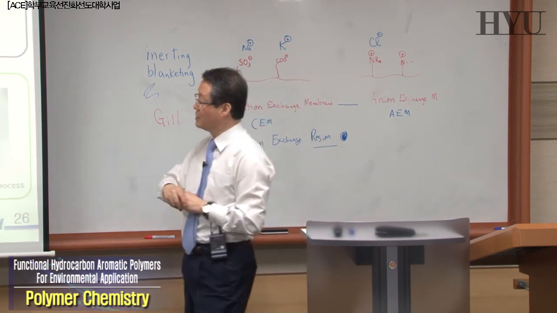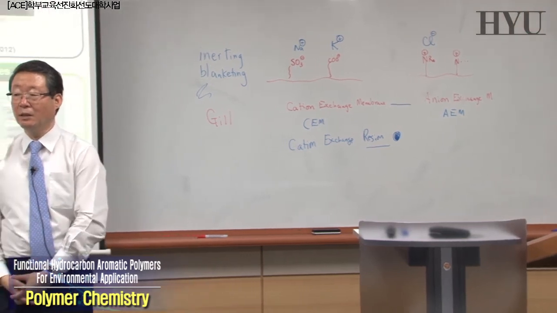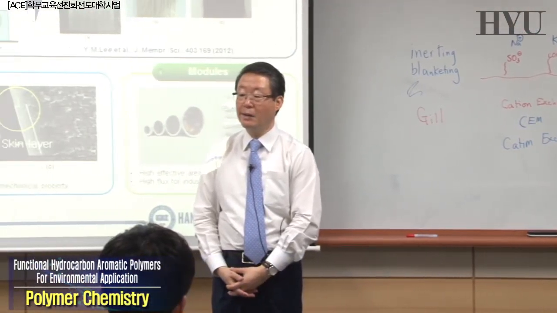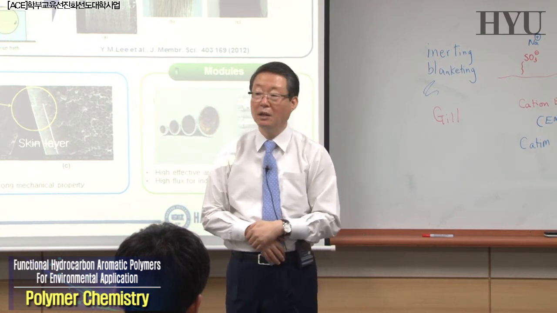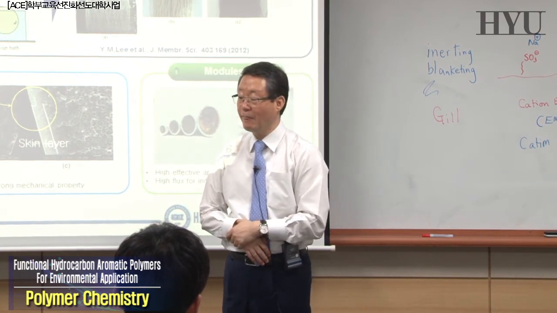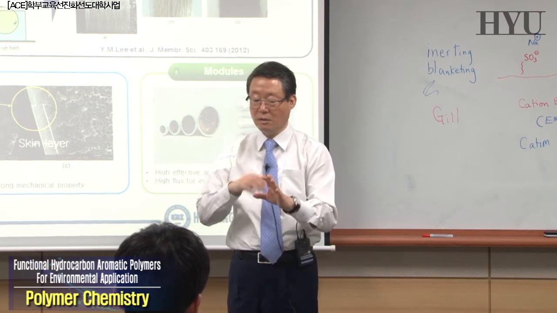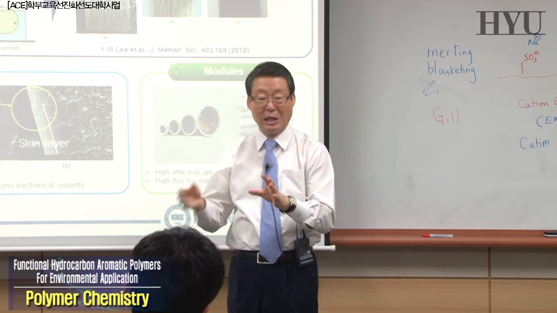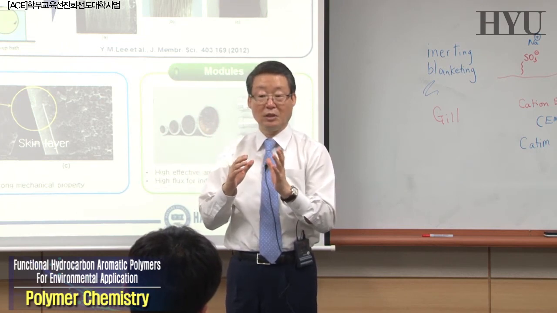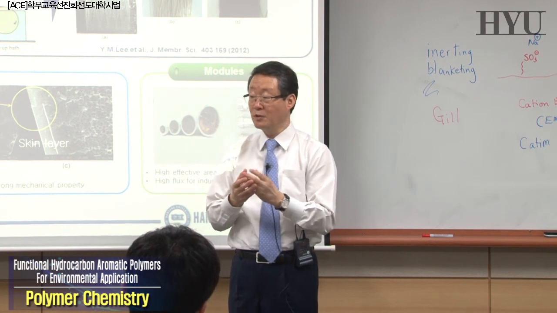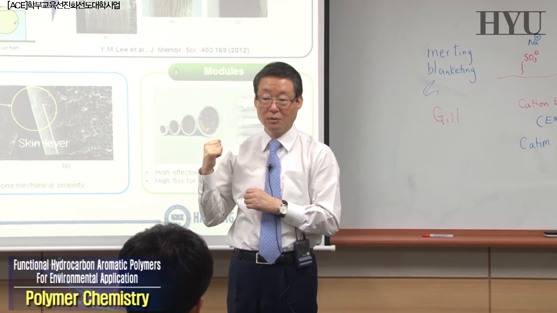Okay? These types of modules could be used, and after this explosion in 1998, every airplane produced after that explosion, such as a Boeing or Airbus, has to be equipped with this type of modules.